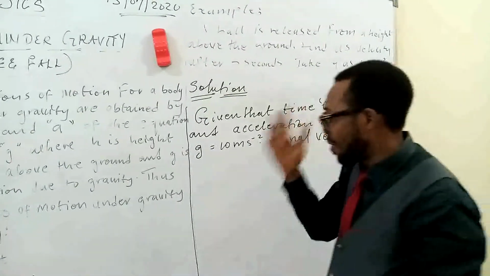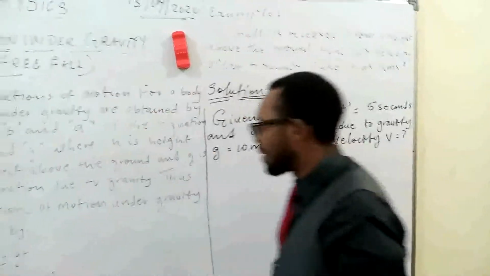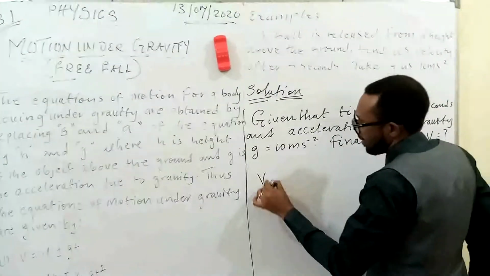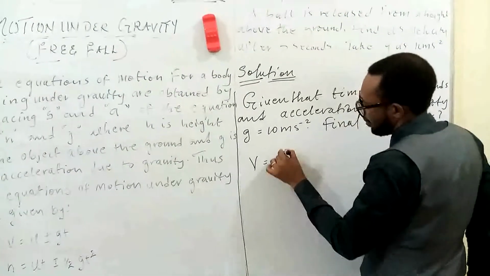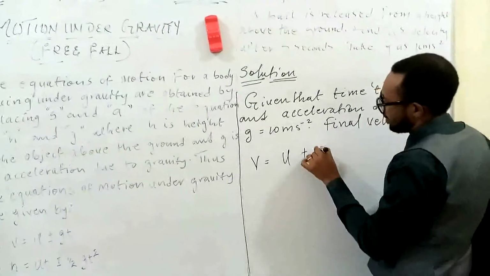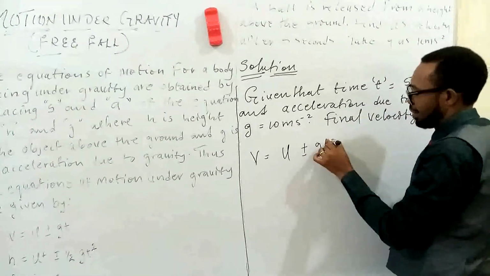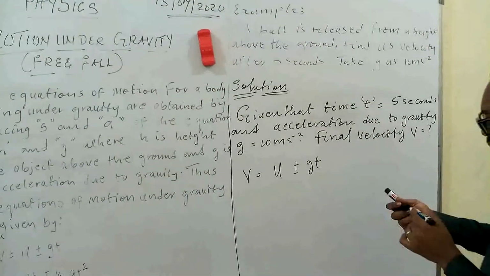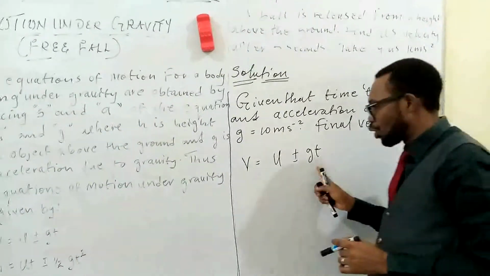So we can therefore invoke the first equation of motion, which is V equals U plus or minus GT. Is that clear?